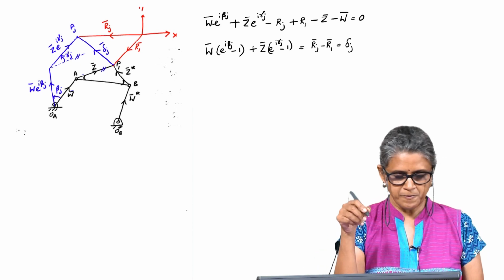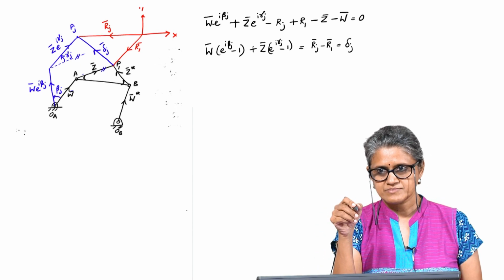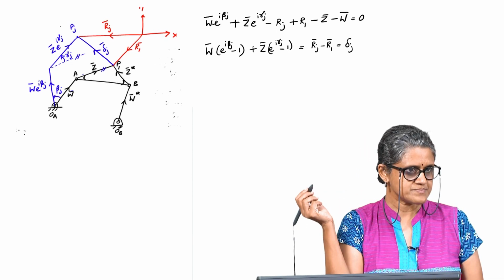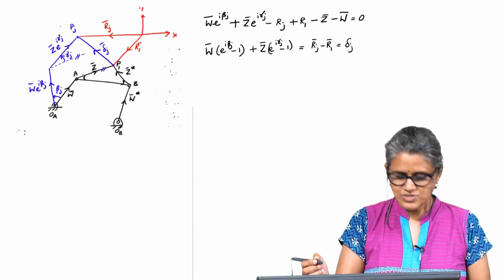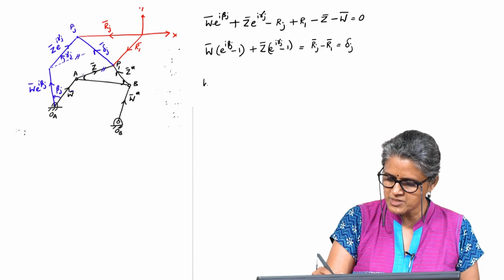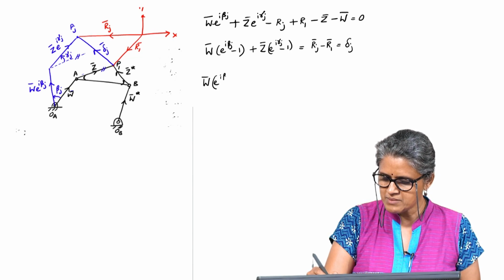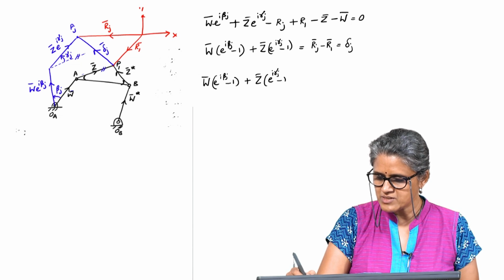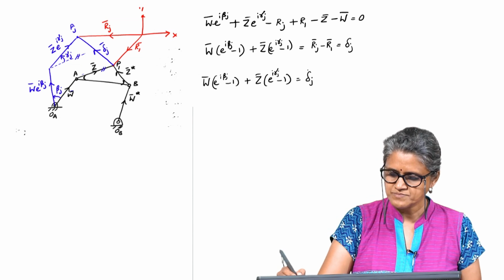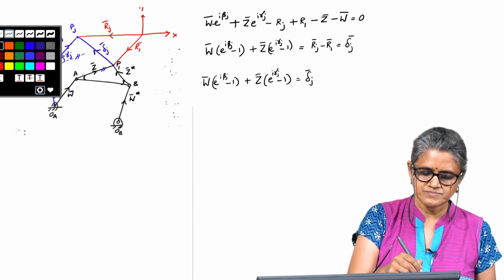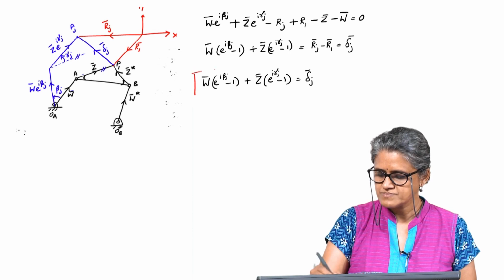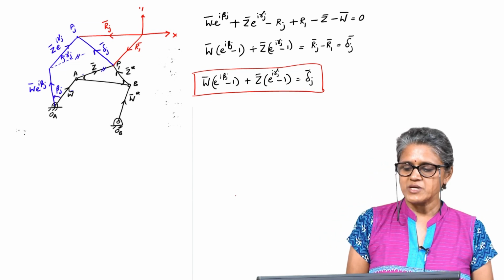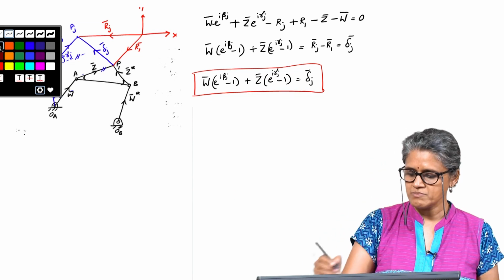Delta j is the displacement vector of some prescribed trajectory of the point P. Okay. So, this form of the equation, W e power I beta j minus 1 plus Z e power I gamma j minus 1 equal to delta j, this equation is called the standard form equation, standard or Dyad form equation.